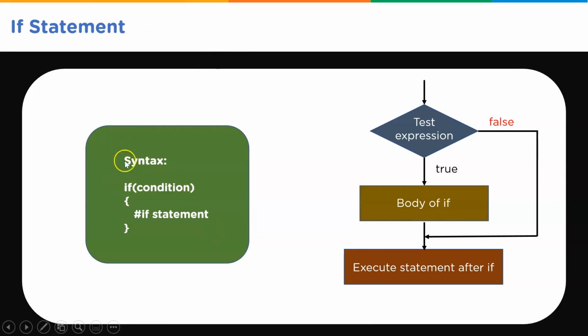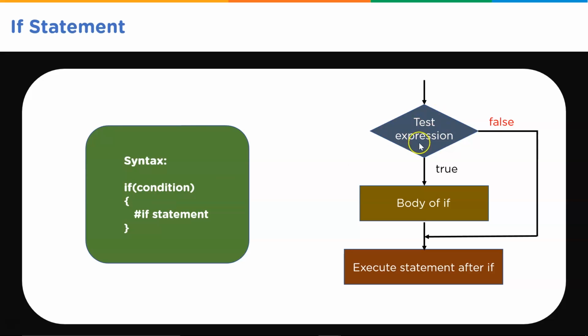So this is how the syntax of the if statement looks. You pass in the if condition and then we have a set of statements inside the if condition. On the right side you can see the flow diagram of how the if statement gets evaluated. First we have the test expression, that is the if condition.